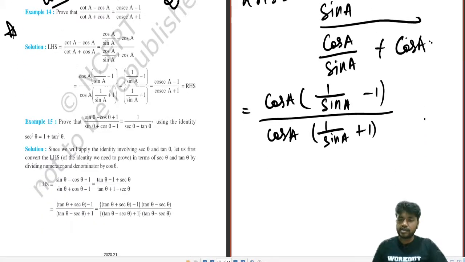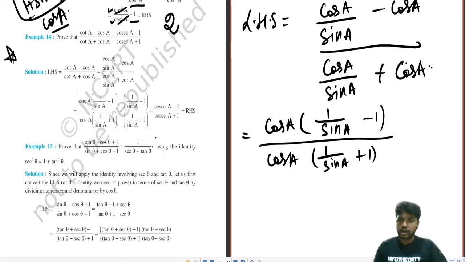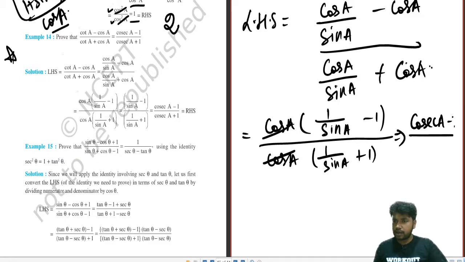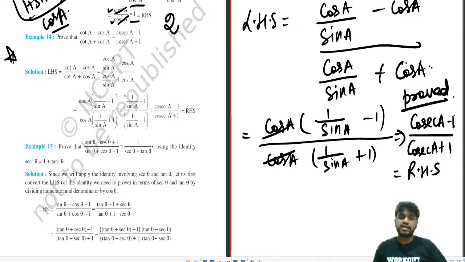Now, taking our brains very fast, cos A and cos A can be cancelled. So we can write 1 by sin A as cosec A, giving cosec A minus 1 by cosec A plus 1, and that gives me my RHS, hence proved. So this is a very easy sum.